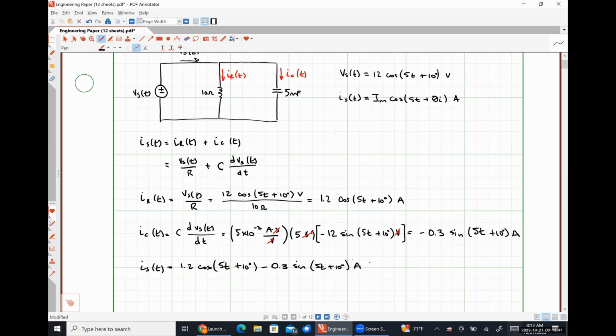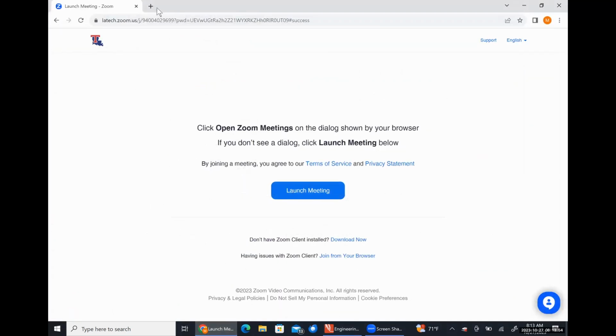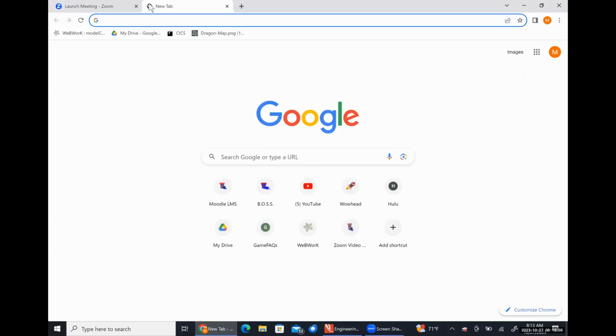So I want to throw these expressions into Desmos really quickly, so that we can see what happens when we combine these sinusoidal functions and if it's going to come out looking like something useful. Okay.